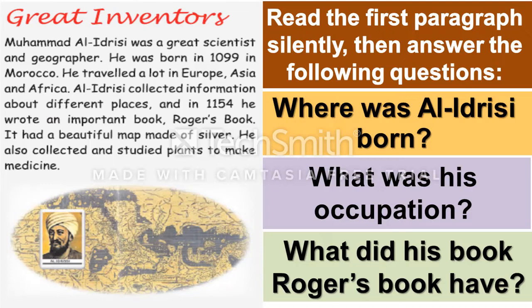He was born in 1099 in Morocco. He traveled a lot in Europe, Asia and Africa. Al-Idrisi collected information about different places, and in 1154 he wrote an important book, Roger's Book. It had a beautiful map made of silver. He also collected and studied plants to make medicine.